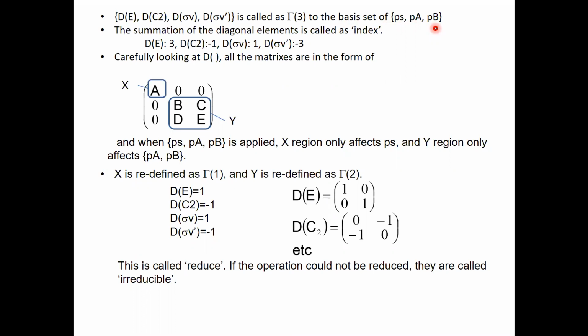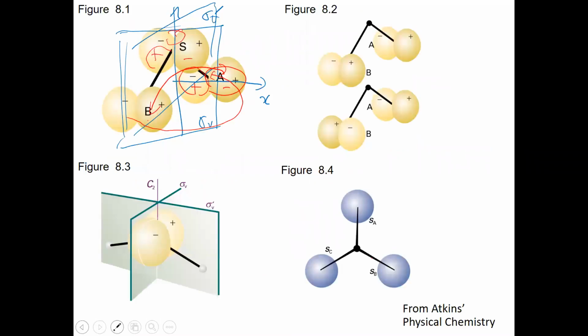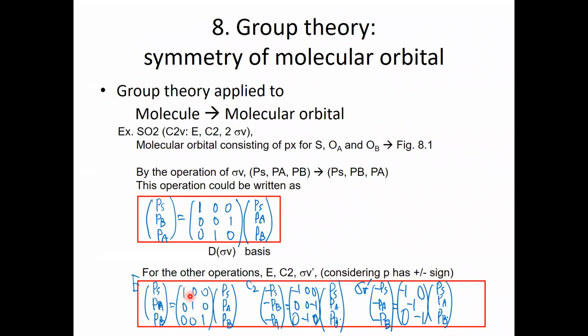And there are several things you have to know. One of them is that the summation of the diagonal elements is called the index, right? So, for example, in the case of E, you sum up 1 plus 1 plus 1. In the case of C2, minus 1 plus 0 plus 0.